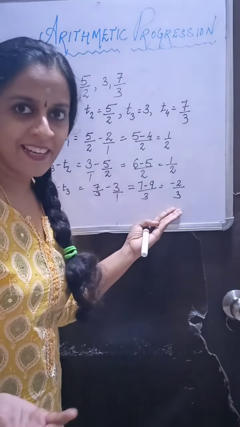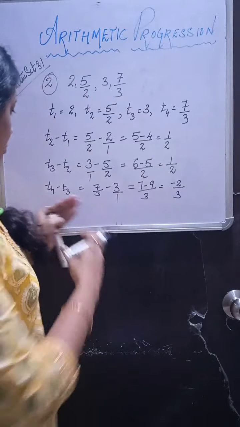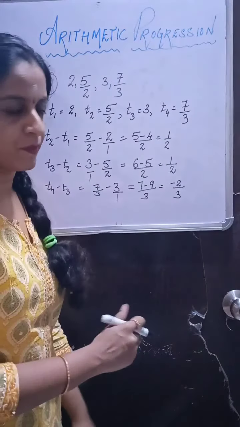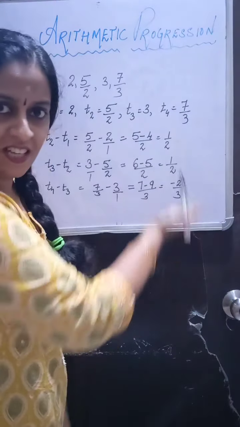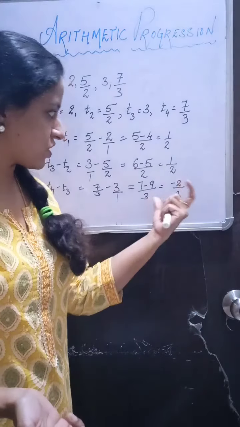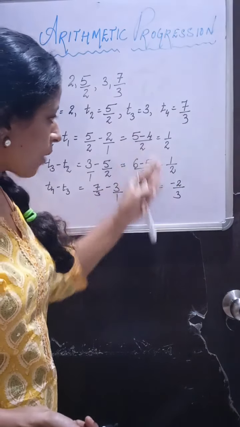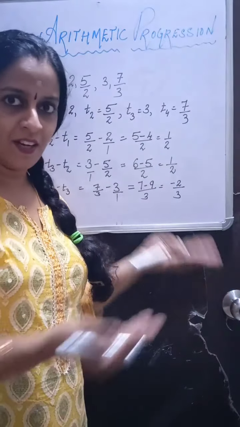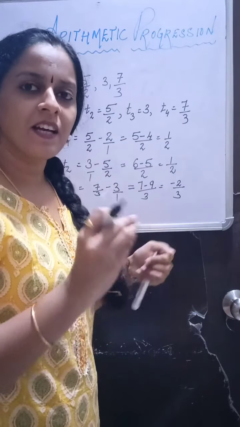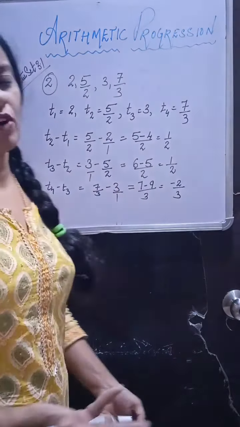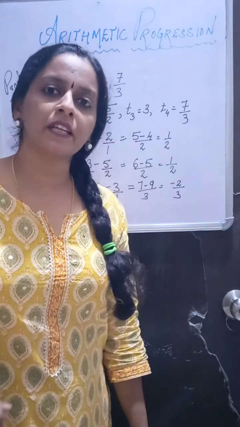We are getting a completely different number as the difference between the fourth and the third term. So is the difference common? No, it has changed. So if you see that the common difference is not the same, therefore the numbers are not in arithmetic progression.